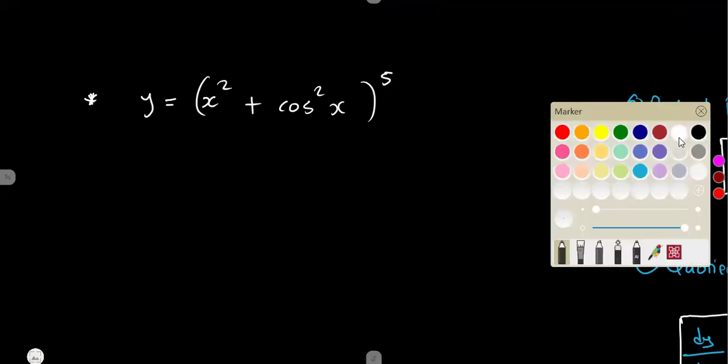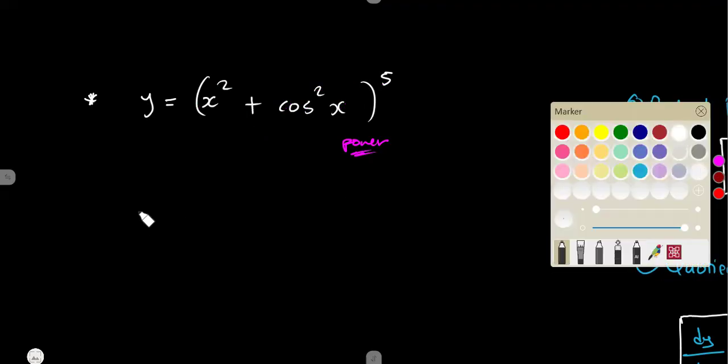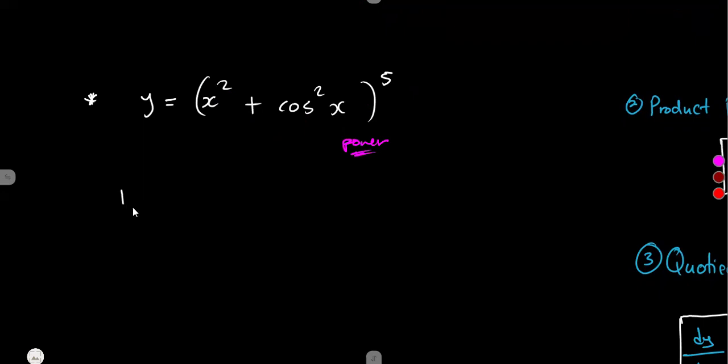So what does it mean? It means we said when it is like this, power first. You consider the power. So this whole part is affected by the power of 5. So this is how we're going to have our derivative. The derivative of y with respect to x is what? The power. Remember, you drop the power, then you subtract 1 on the power. So we're going to drop our 5.